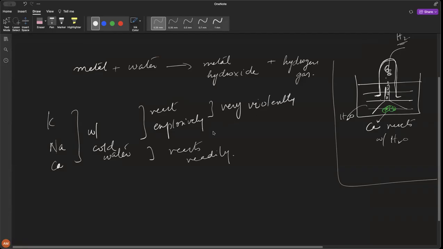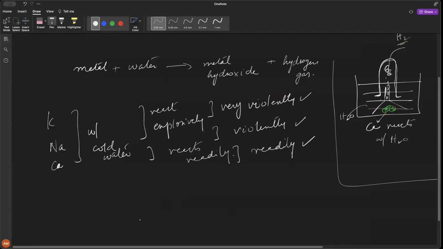Then sodium reacts violently, and calcium reacts readily. These are the terms that we have to get accustomed to. So the most reactive way to react is very violently, then readily.